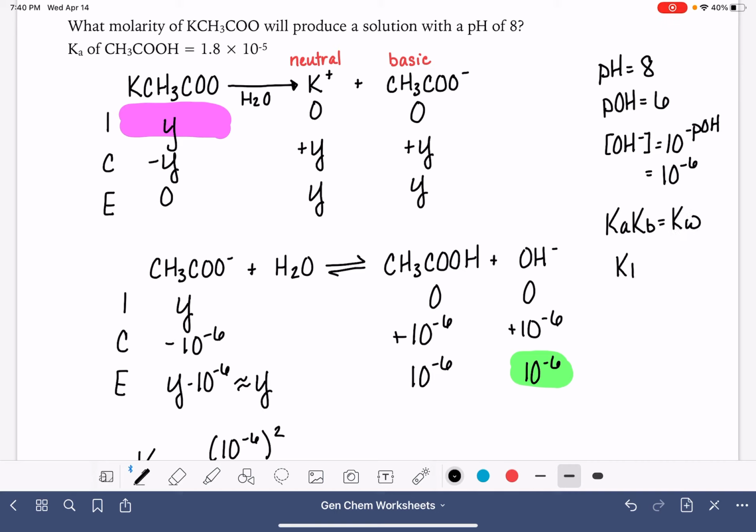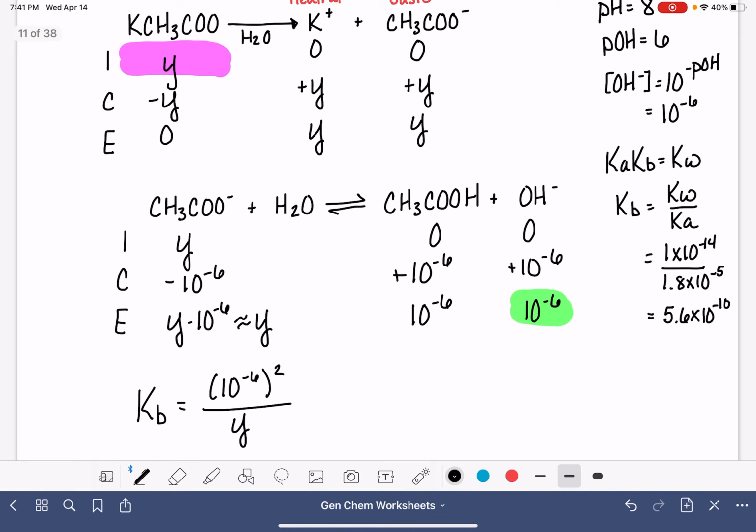So if we're trying to figure out Kb, we take Kw and divide by Ka. Kw is the constant, 1 times 10 to the minus 14, and our Ka is 1.8 times 10 to the minus 5. So 1 times 10 to the minus 14 divided by 1.8 times 10 to the minus 5 is 5.6 times 10 to the minus 10.